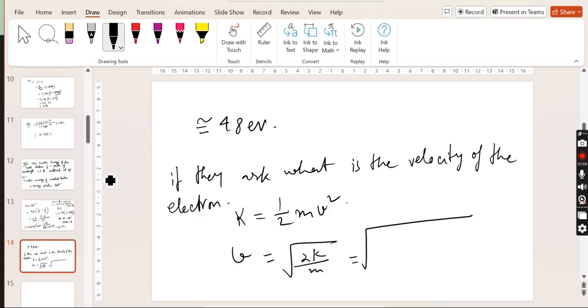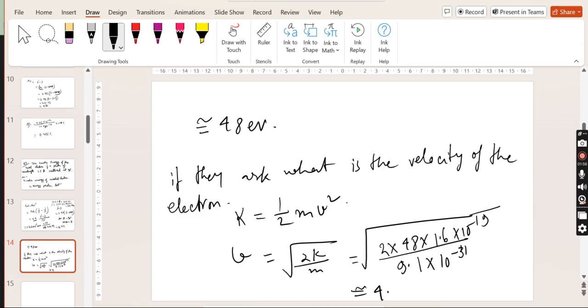Here change all the things in SI units. 2 into k is 48, but it is in electron volt, so convert it into coulomb, 1.6 into 10 to the power minus 19 coulomb, by mass 9.1 into 10 to the power minus 31, not 11, which will be equal to 4.107 into 10 to the power 6 meter per second.